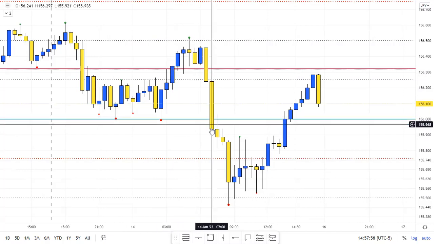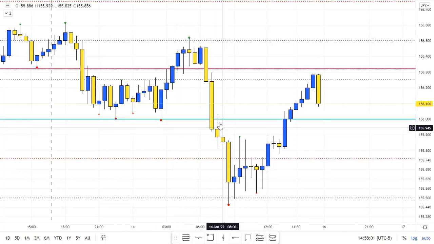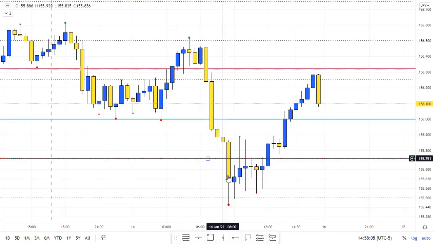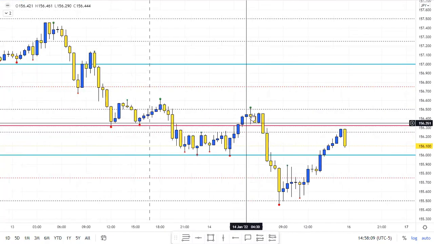Okay, so here it is. Your price closed inside your zone with this candlestick. Next candlestick opens up, gave you a nice pullback to your zone, and as it starts coming down, you take the entry. Same thing, guys. Come back and you take the entry, and there you have it.